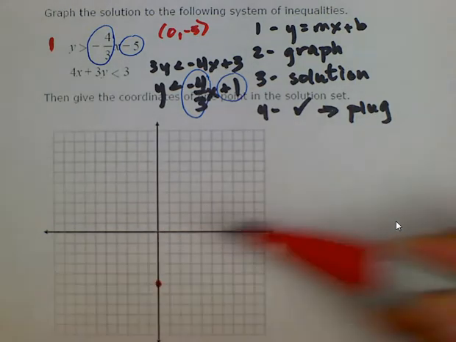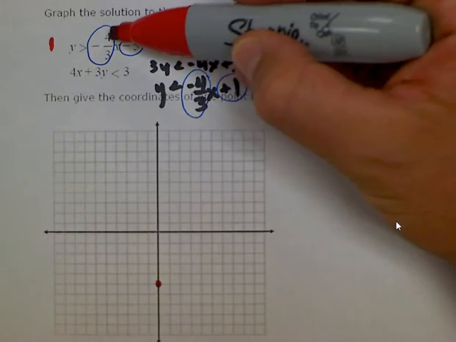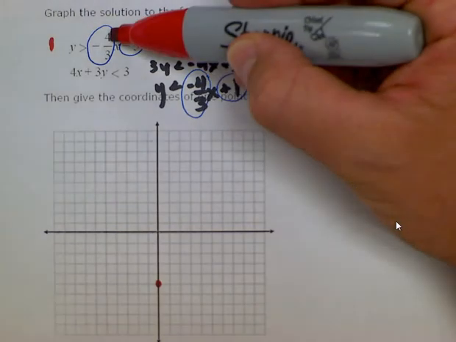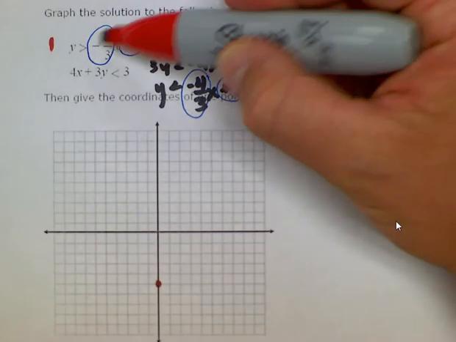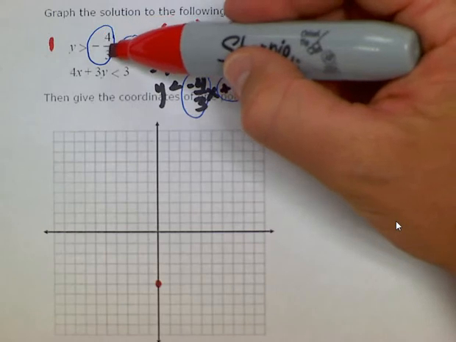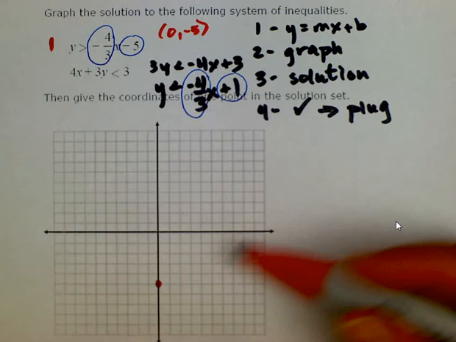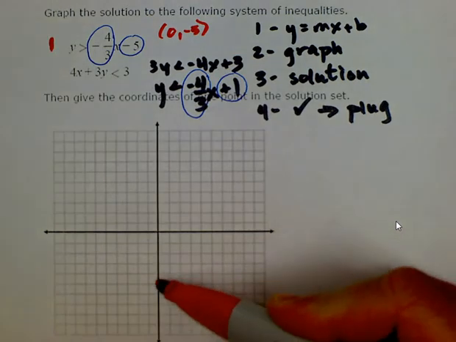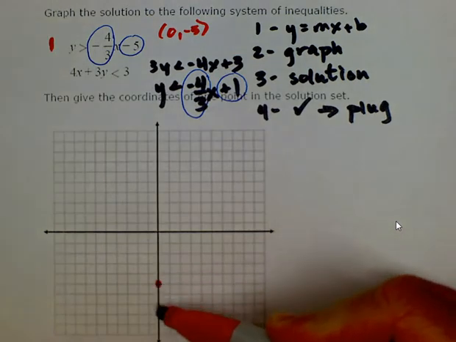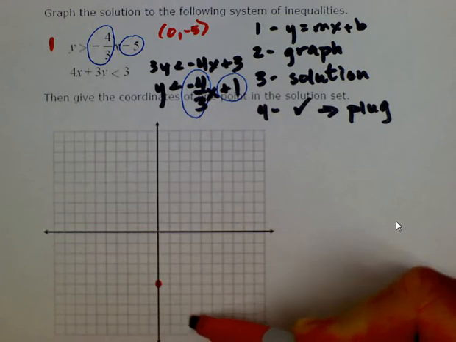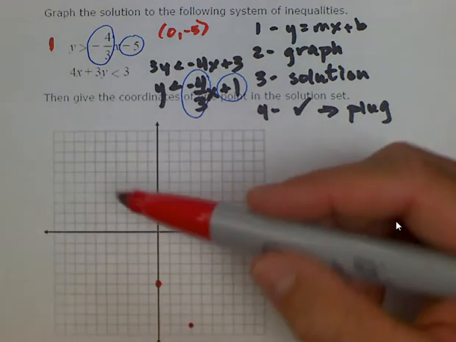That's our y-intercept. And then we would use our slope, negative 4 over positive 3, or we could put the negative to the 3 and say positive 4 over negative 3. Either one works. We would start with a negative 4, so down 1, 2, 3, and 4, and then positive 1, 2, and 3 is another point on that line.